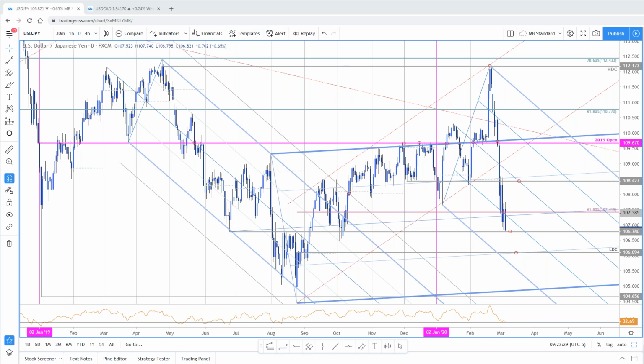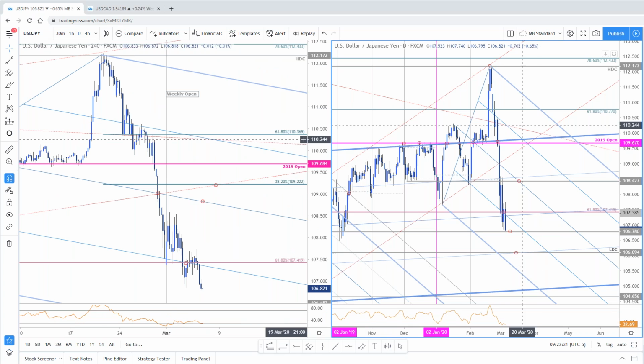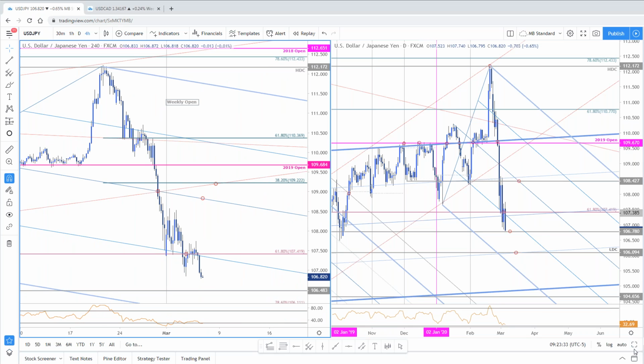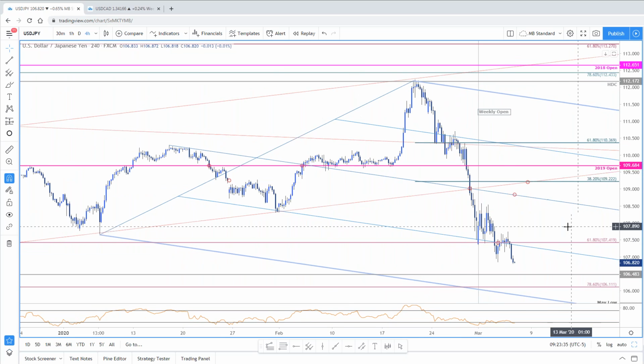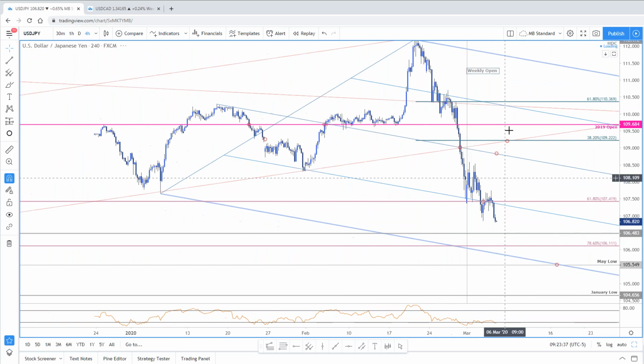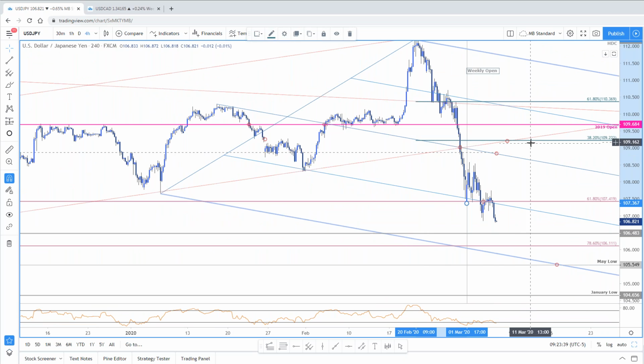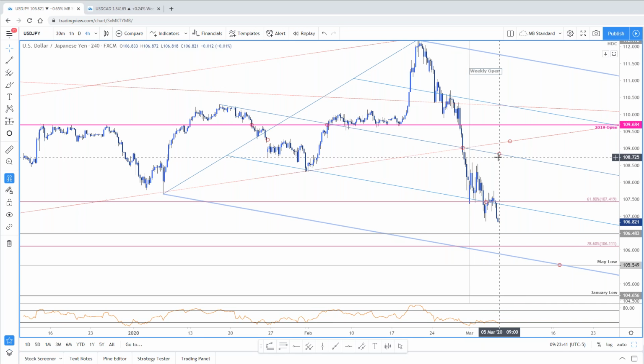Any questions on dollar yen? I don't even have any near-term targets that are going to be more effective at this point, but here's the slope for reference. Here's your objective weekly opening range high.